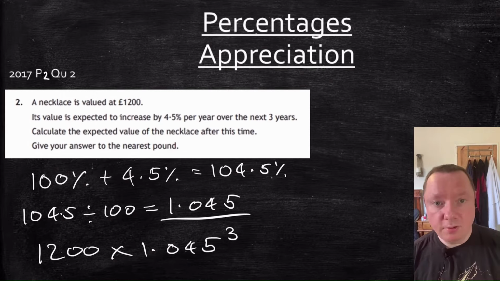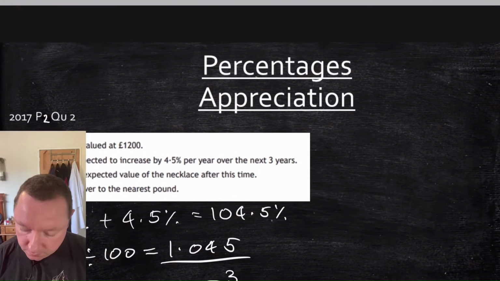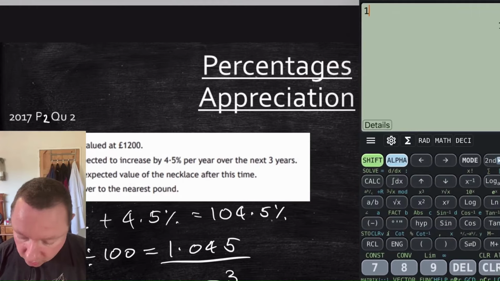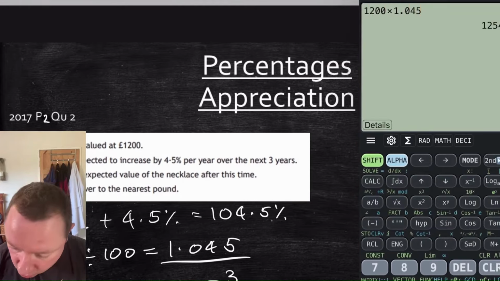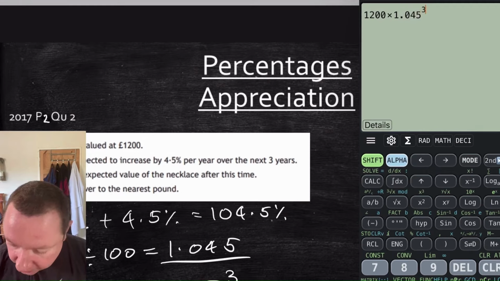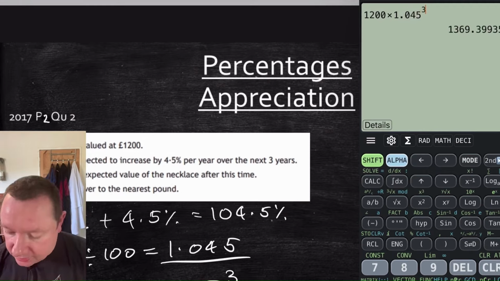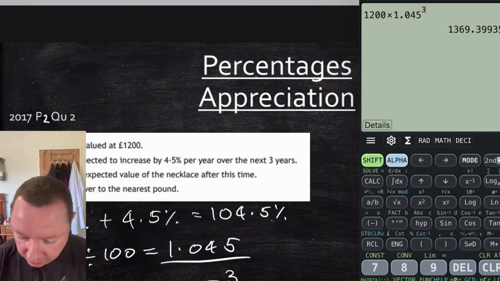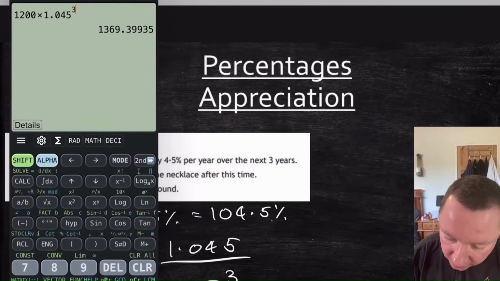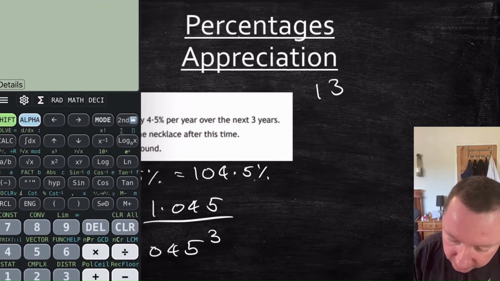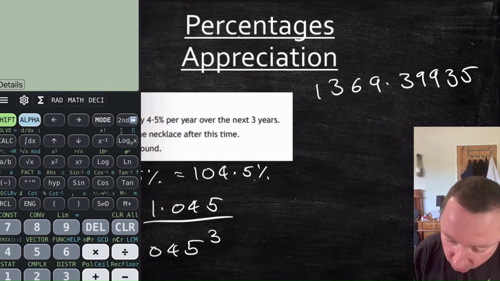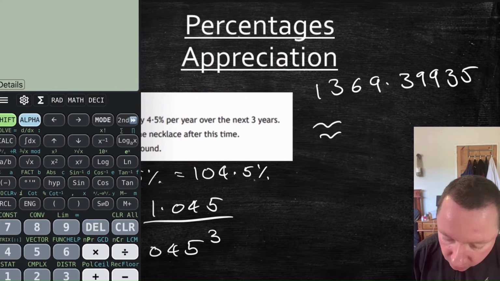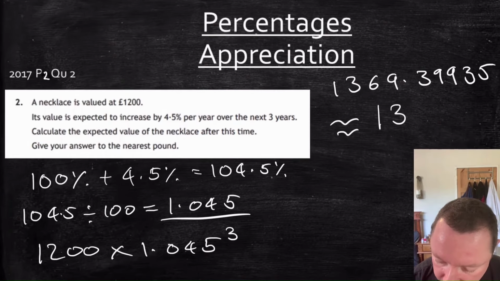So then we definitely need a calculator. 1200 times 1.045 to the power of 3 is 1369.39935. Let's just write that whole thing down. 1369.39935, which equals to the nearest pound 1369 pounds.